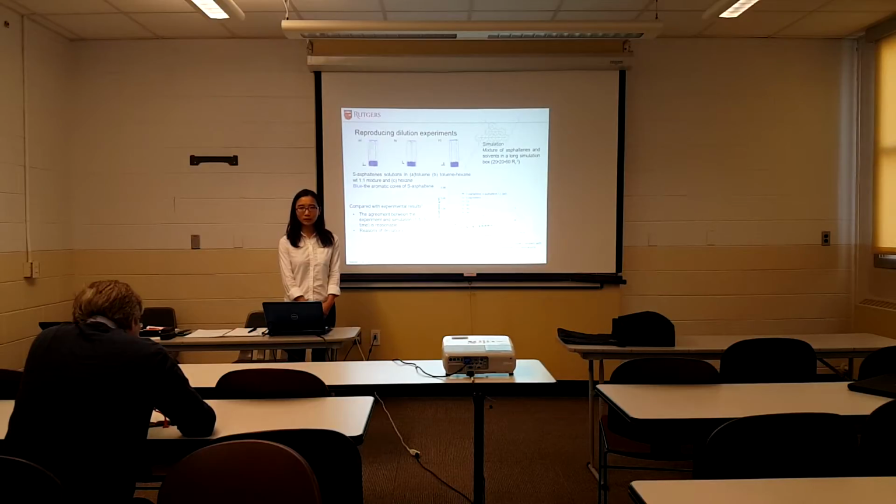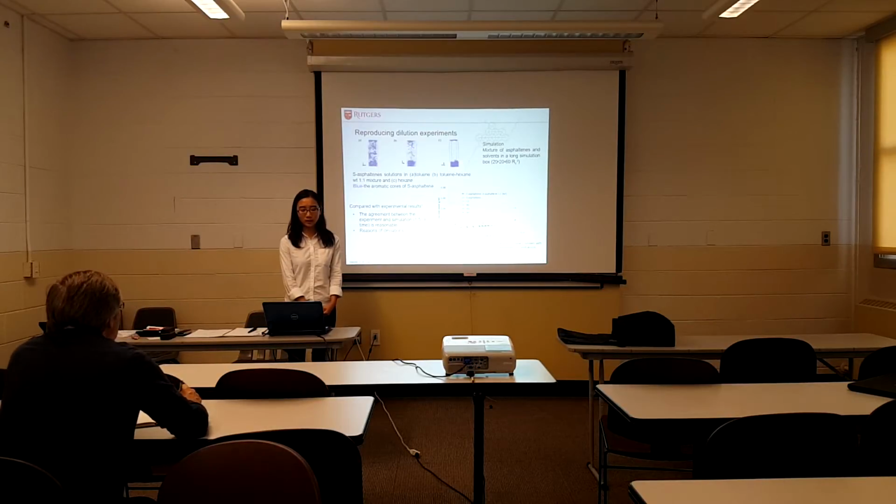To validate our asphaltene models, we try to reproduce the dilution experiments. The specific details for the simulation are that we initiate a simulation box of about 20 by 20 by 60, and each of the simulations is started with an initial configuration where one end of the box is filled with the small asphaltenes, and the rest of the box is filled with solvents that have different toluene to hexane ratios.